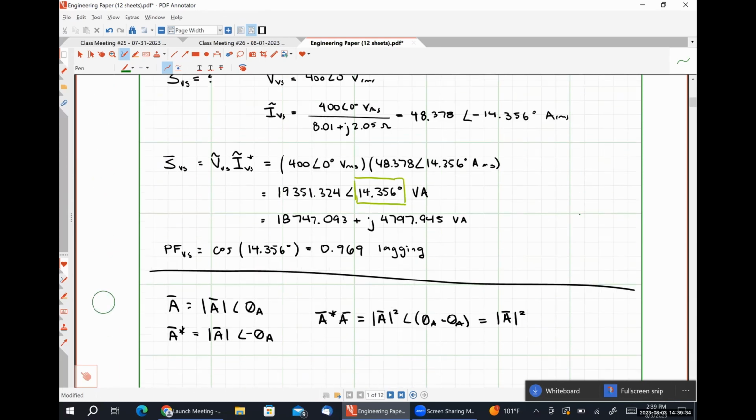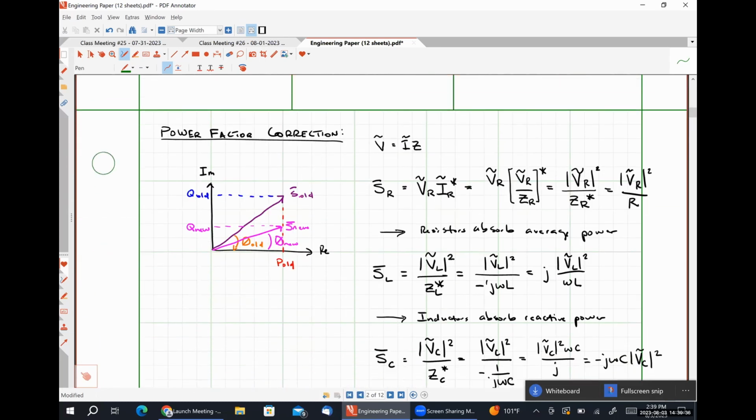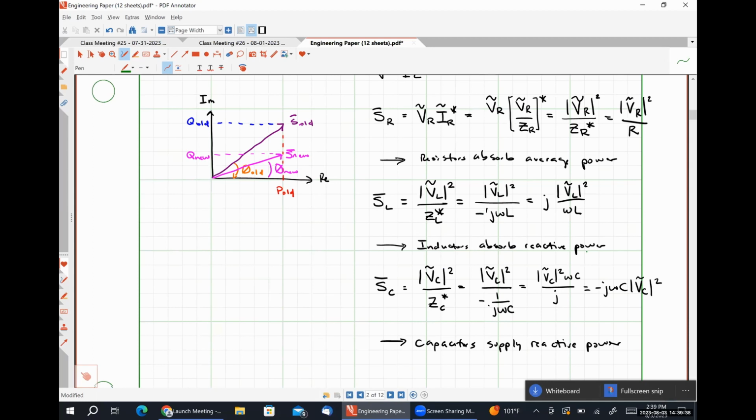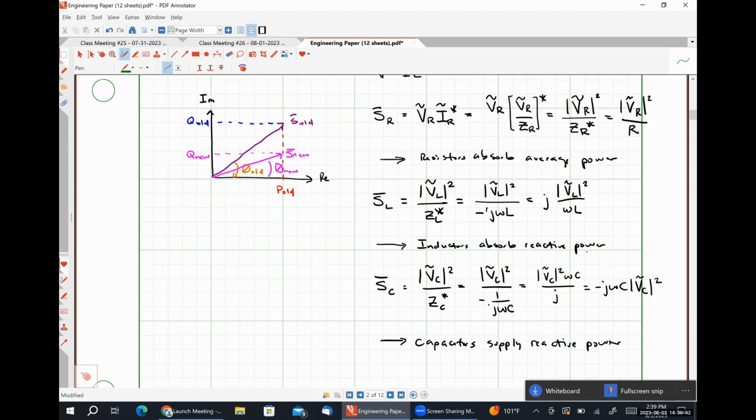All right, so let's talk our way through the process of power factor correction. Specifically here, we understand that we need to introduce capacitance in order to make our reactive power smaller.